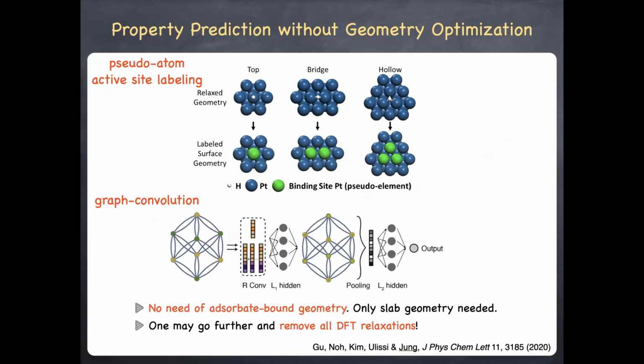To that end, instead of encoding the structure of the adsorbate-bound structures, we removed gas adsorbates and then labeled those active sites with fake atoms and then encoded the slab geometries only. That way you can remove the step for geometry optimizations when the adsorbate is bound.